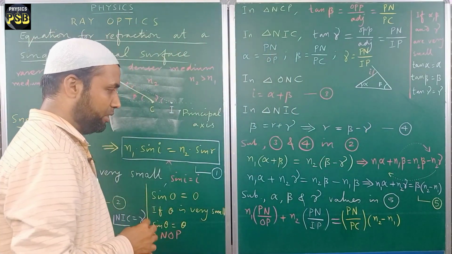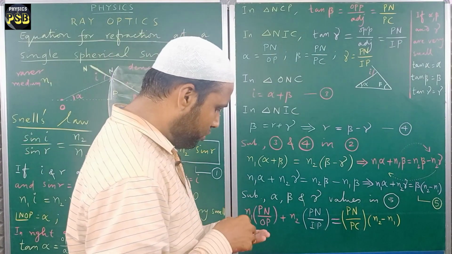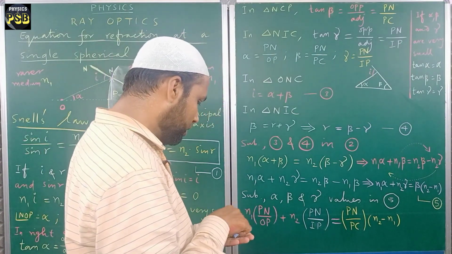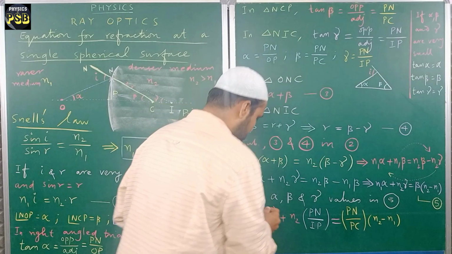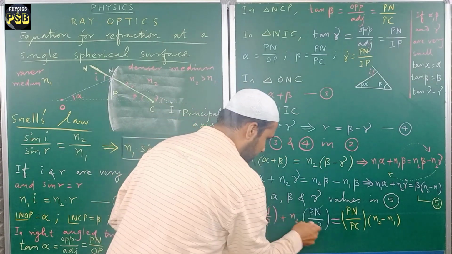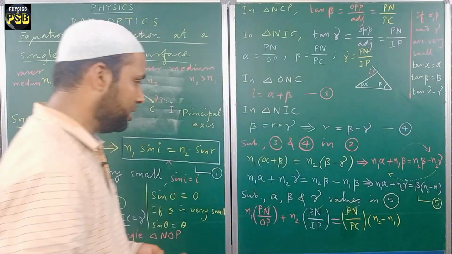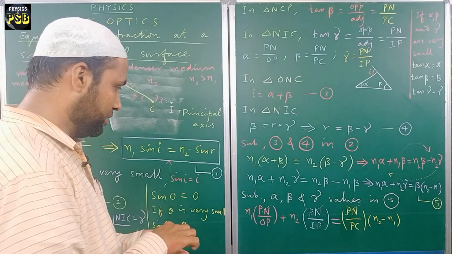This is what we obtain. And here, if you look at this carefully, you may find that it has got similar terms. Pn is present in every term, so this Pn gets cancelled. Okay, and now what we obtain is nothing but this.